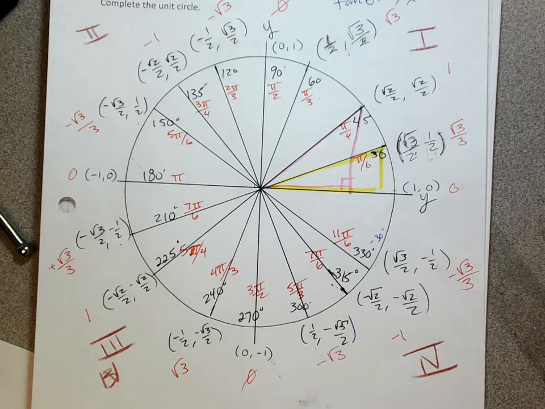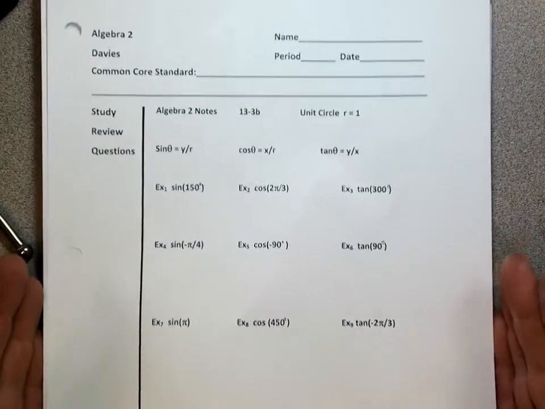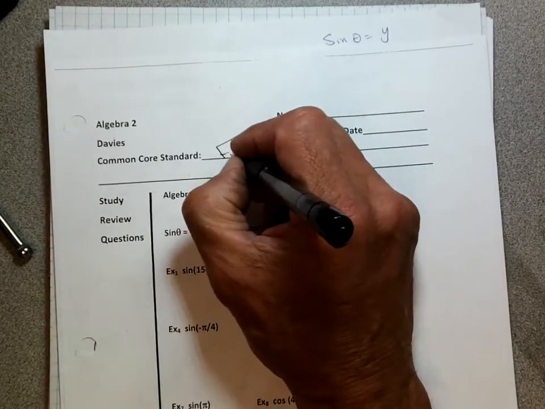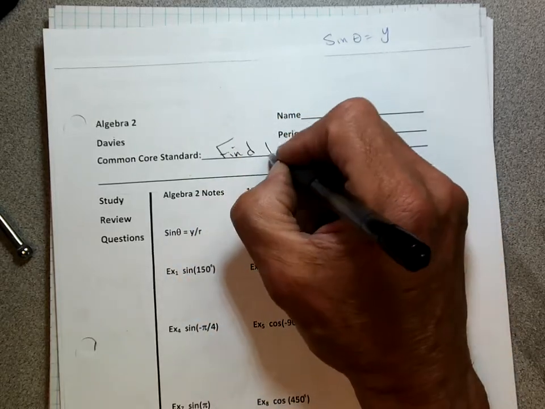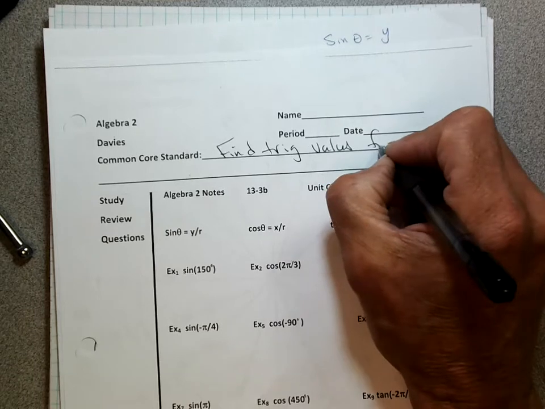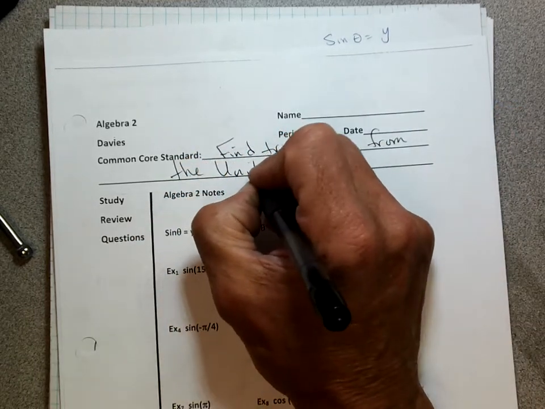Okay, now, if we take what we know and apply it to our worksheet, let's do this. So now, Common Core Center Day is finding trig values from the unit circle.